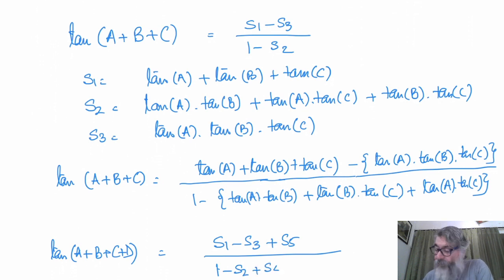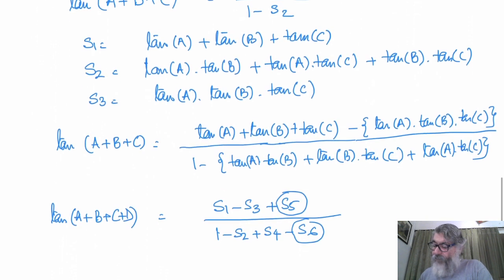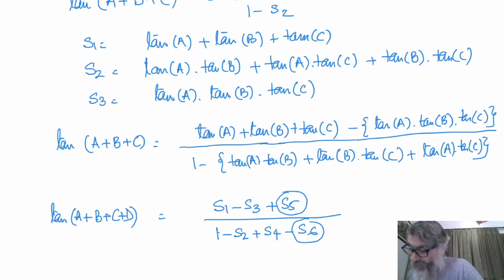S4 is possible, because if I write after this minus S6, the 6 is not possible. So S5 and S6 are not possible. It cannot go beyond 4. 4 is the highest.